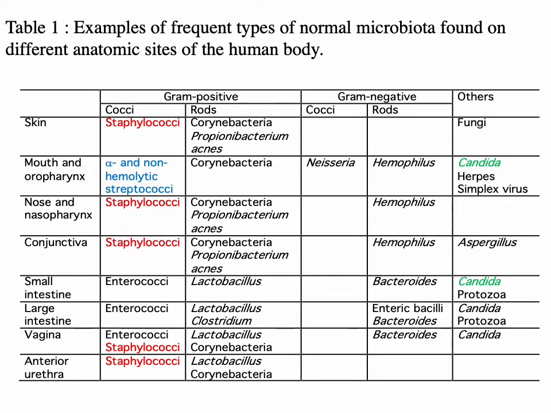So we're going to talk more about the staphylococci later in one of the classes. So remember that. And then the other organism that I highlighted in blue, alpha non-hemolytic streptococci. This is important to know because there are a lot of streptococci found in the oral cavity.